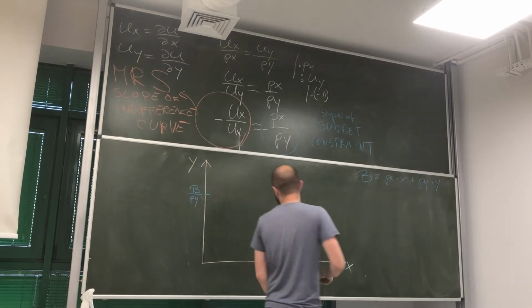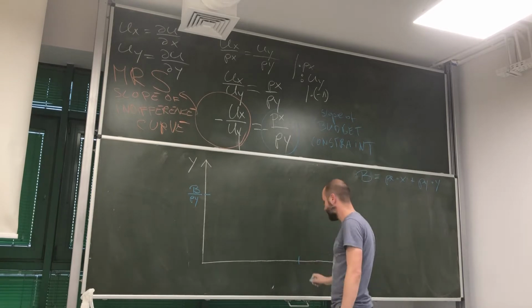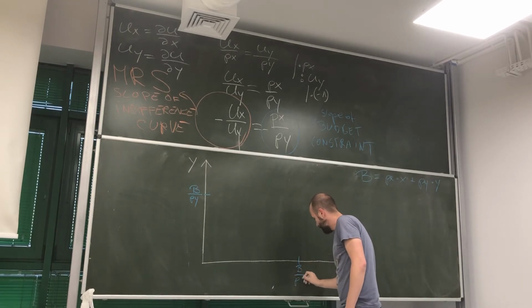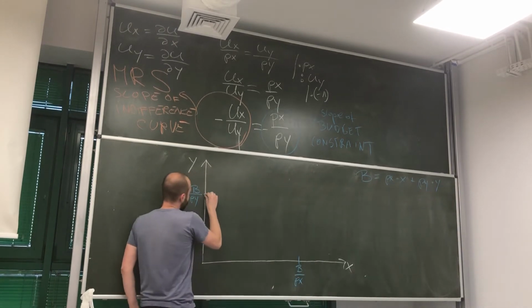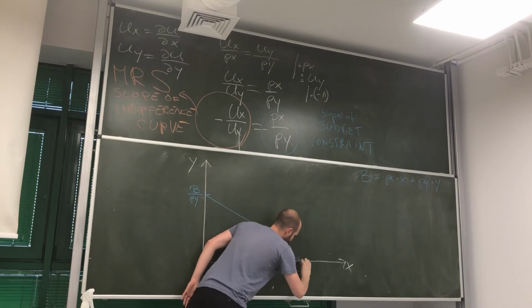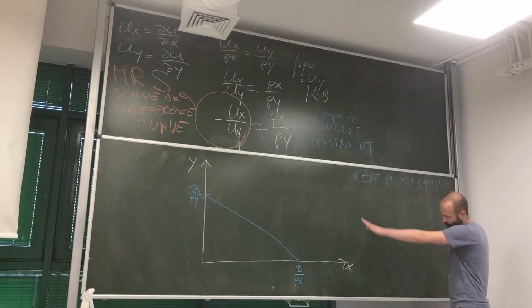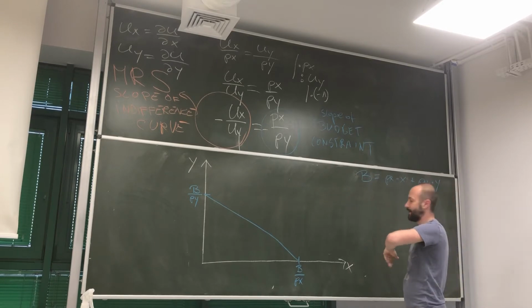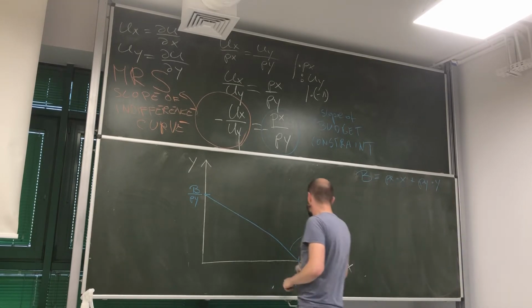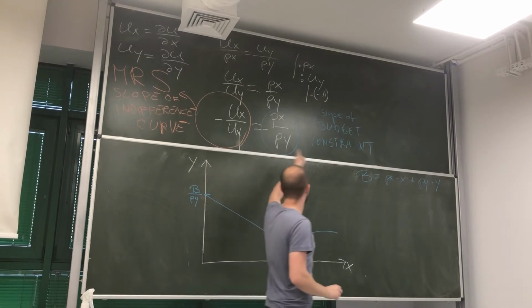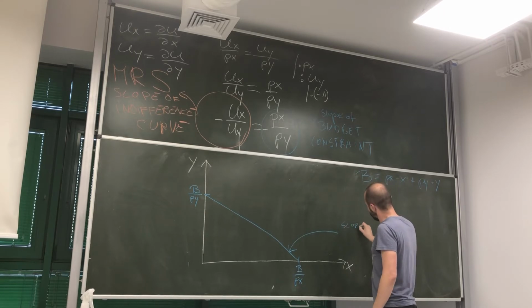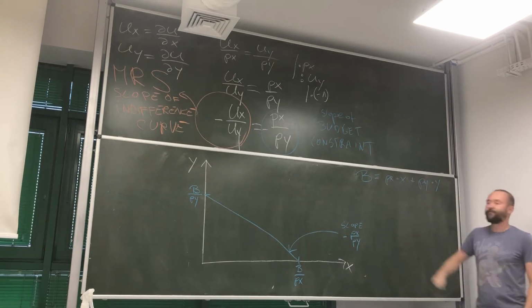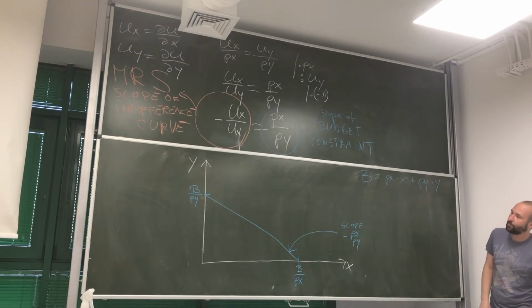If they're going to spend their entire budget on good x, they're going to be able to buy b over px, right? And the line that connects them is a budget constraint, right? We are assuming that we are seeing here a straight line, right? Okay. And we know that the slope of this line, right, is negative px over py. So negative of the relative price of two goods.